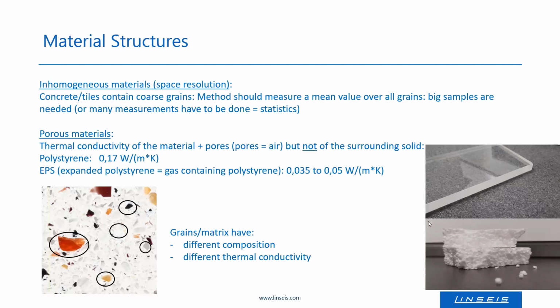So measuring the thermal conductivity of a porous material, you will not get the thermal conductivity of the surrounding solid, in this example the polystyrene, but you will get the overall thermal conductivity of the solid with the gas inclusions.